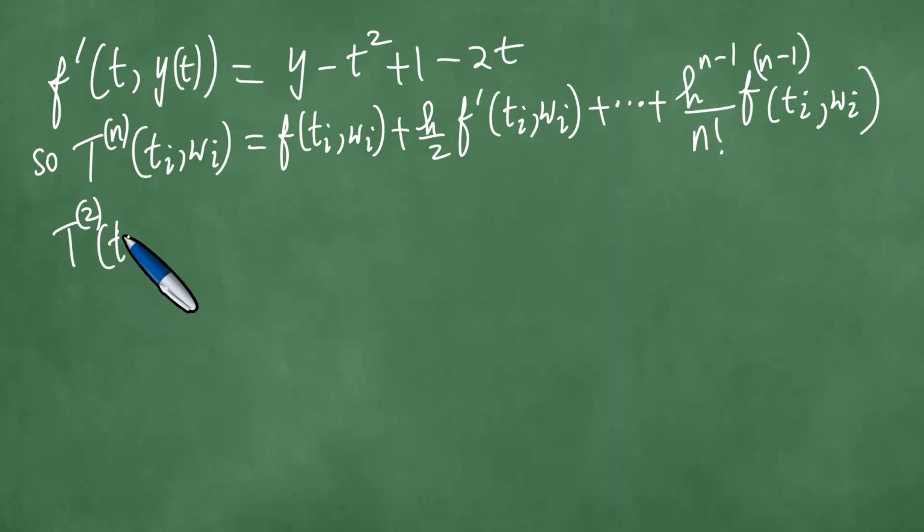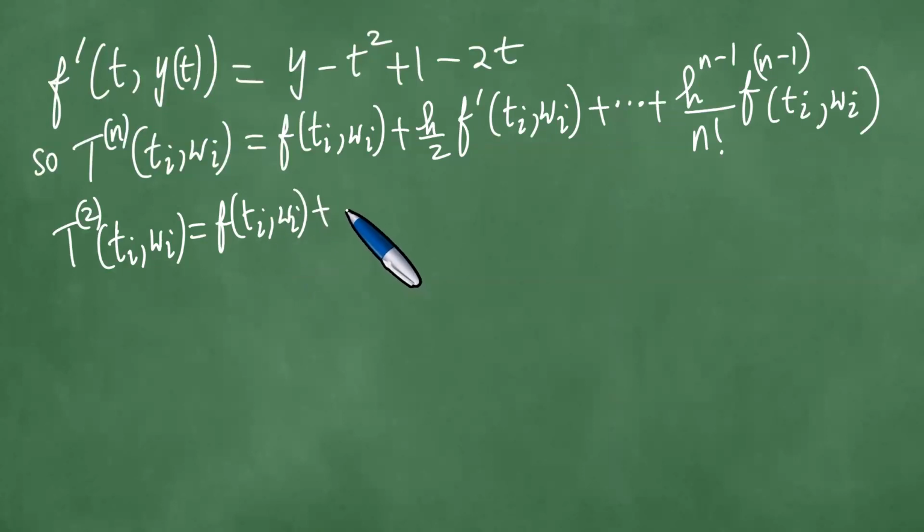Right, so obviously we're dealing with second order, which means we're going to have this one, which is over 2.